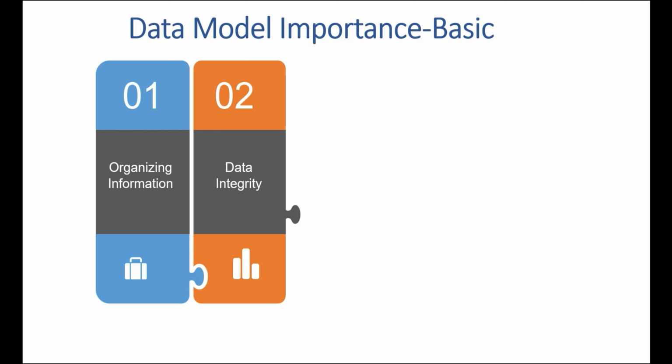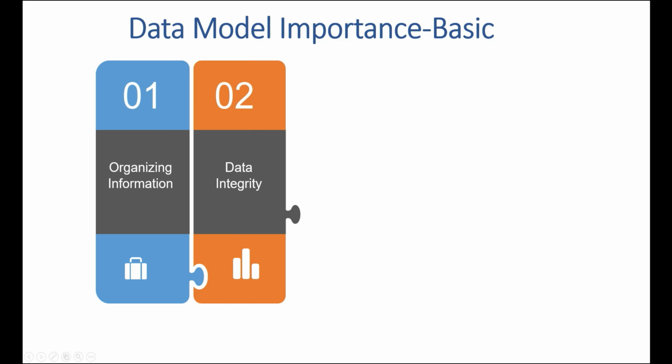Let's take an example. A data model for a banking system includes constraints to ensure that the account balance cannot go negative, and that transactions maintain the balance integrity. That's one of the integrity rules we are talking about, and this prevents inconsistencies and errors in financial data.